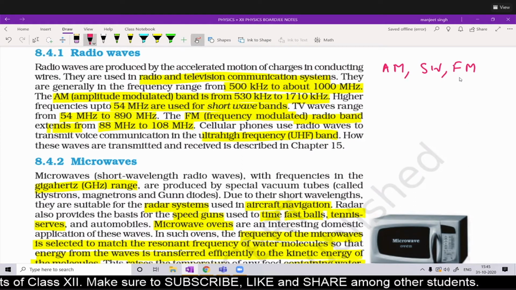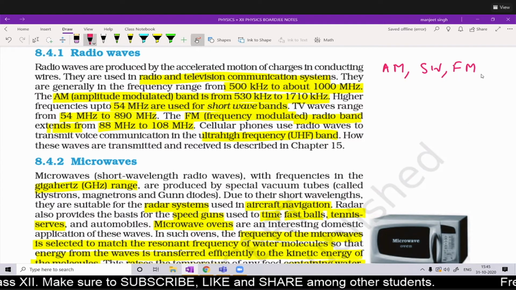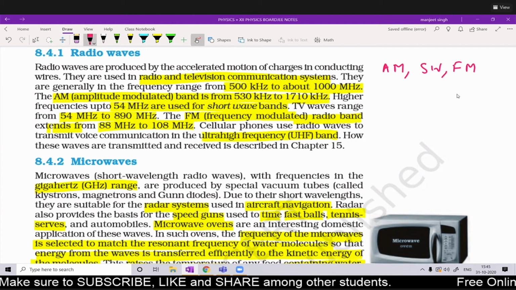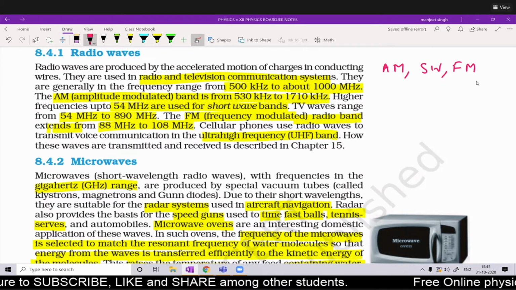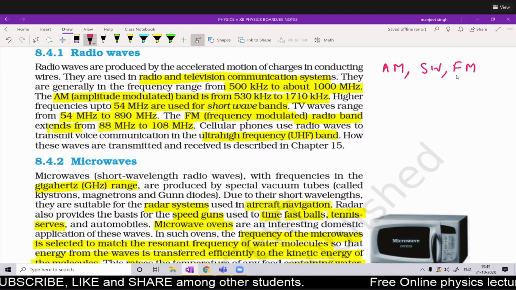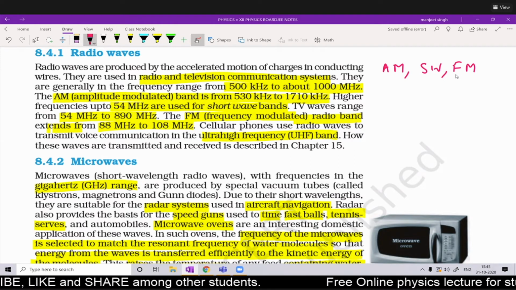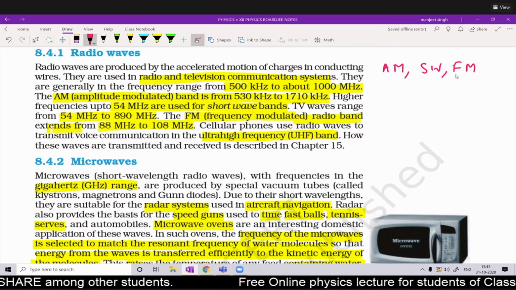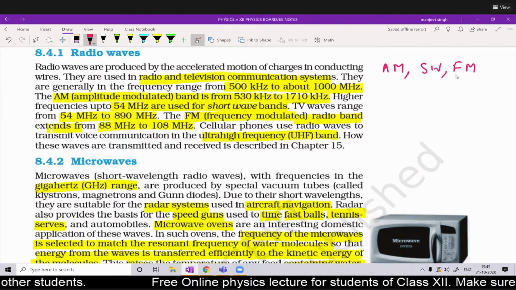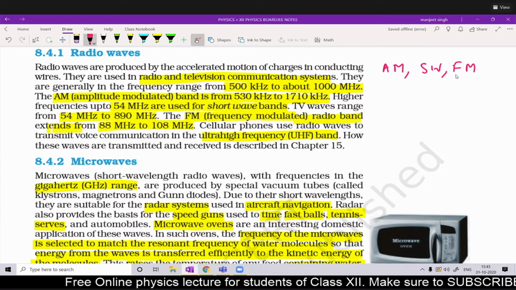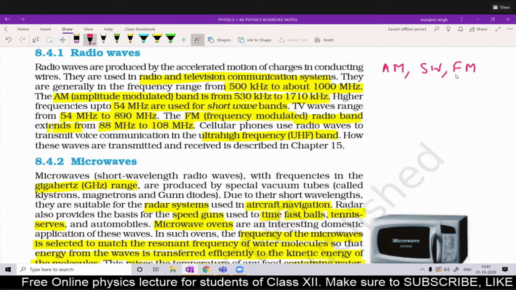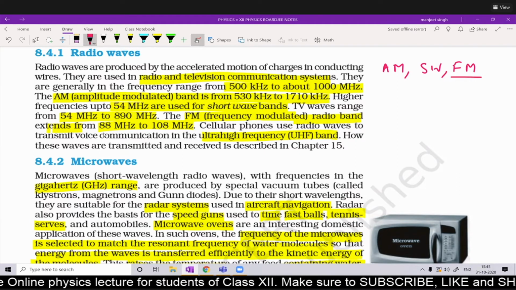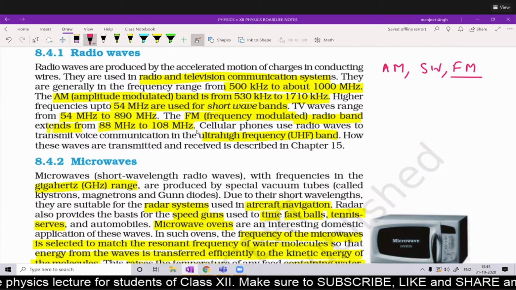Nowadays also FM transmission is listened to by us on radio, Radio Mirchi 101.3 FM. The FM band is up to 108 megahertz.